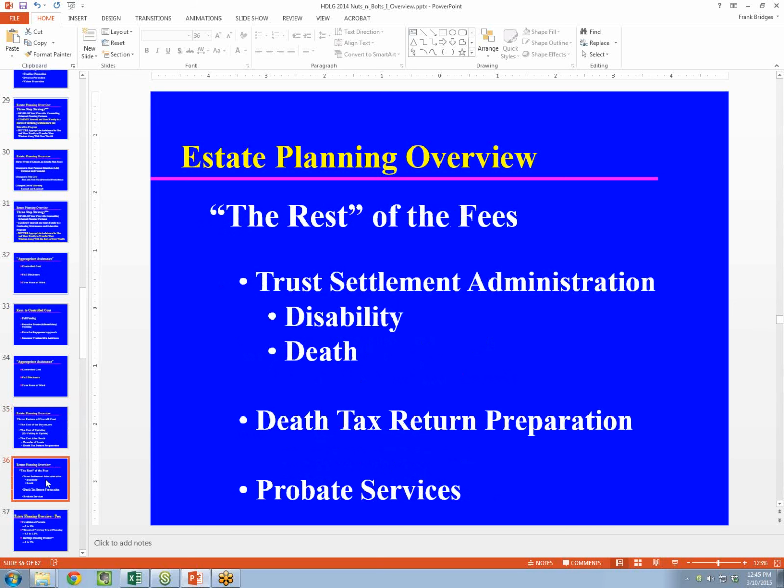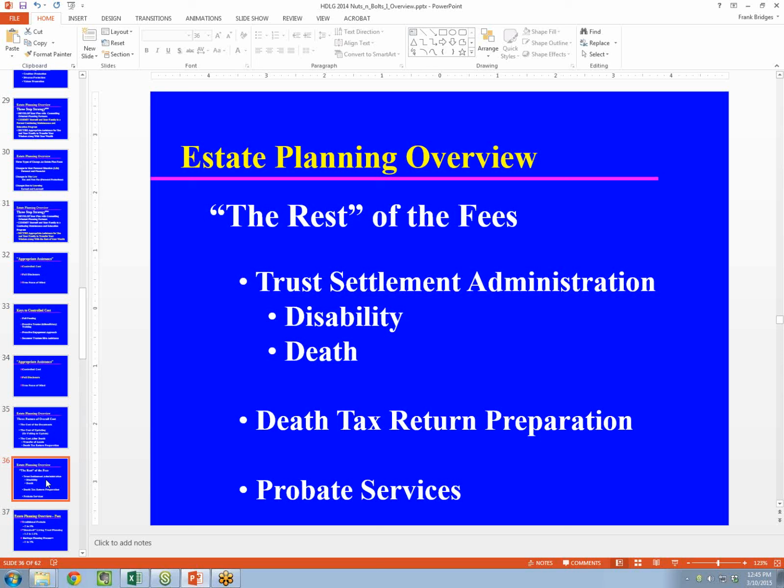If we ask somebody, how much will you charge me for my estate plan, what we want people to understand is that it's important to consider the overall cost of the estate plan, not just the upfront cost, but also the cost to maintain and the cost of estate settlement.